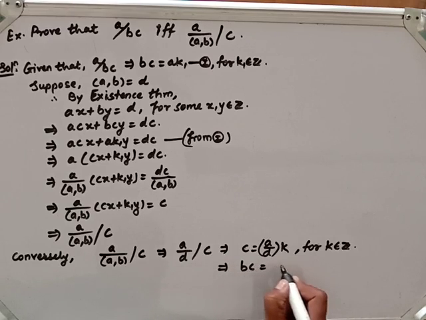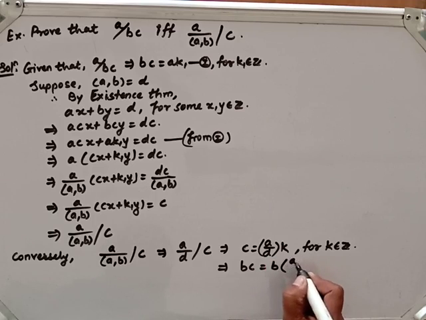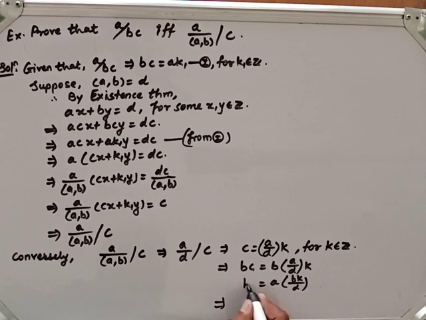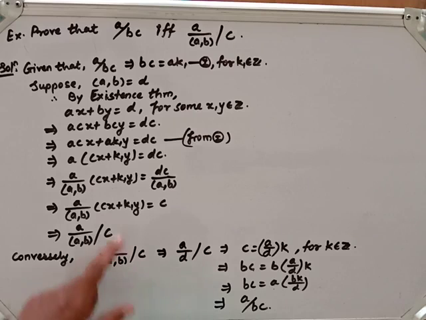So BC is equal to B into A upon D into K, or it can be written as A into BK upon D. B is also an integer. So BC can be written as some multiple of A. So this gives A divides BC. So this is our proof here.